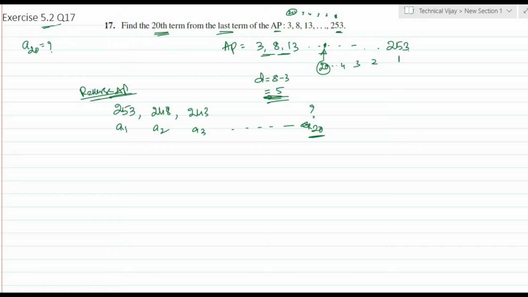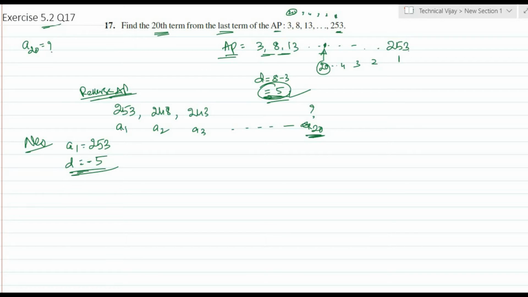In the forward AP, whatever he has given, the common difference is 5, so in the reverse it will be negative 5. Hence the new A1 is equal to 253 and D is equal to minus 5, because here it is plus 5, so this will be minus 5.